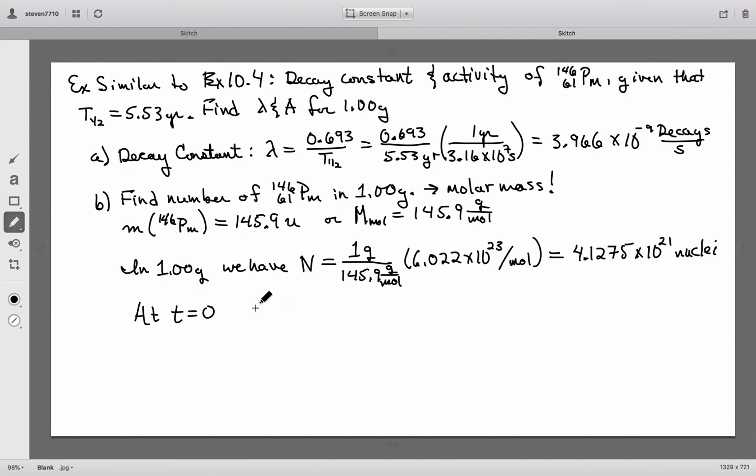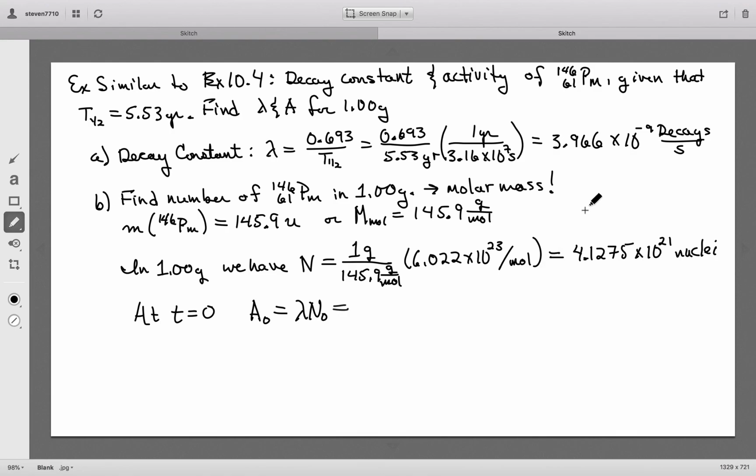And if you consider that, your activity at t equals 0 is just lambda times N0. And this is technically N0, because this is the number of nuclei I'm going to have in 1 gram. And as soon as I collect them together, they're going to start decreasing as they decay.